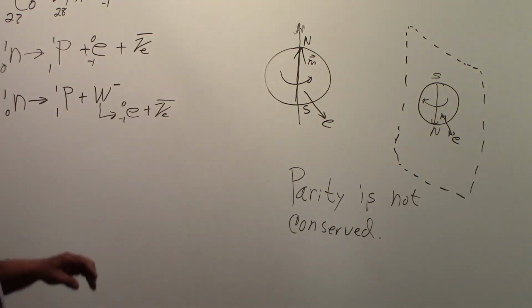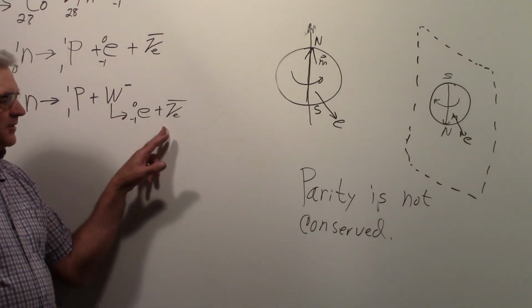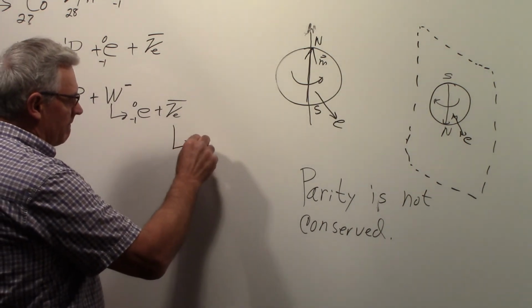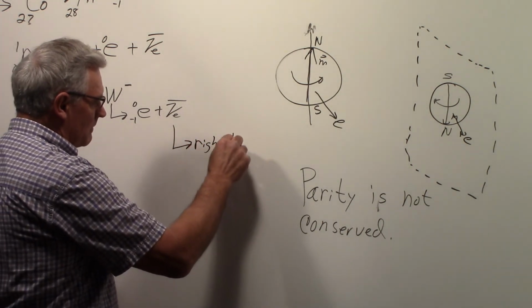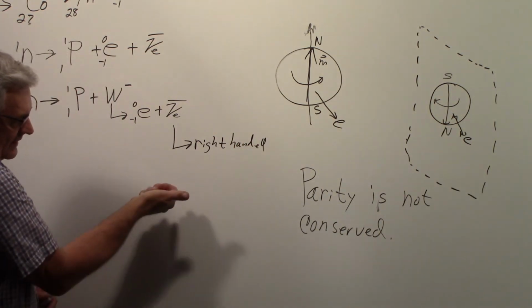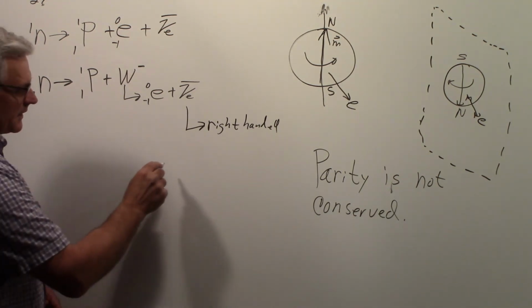Another interesting aspect of this is with the neutrino. The anti-neutrino is right-handed, so the spin and the velocity are in right-hand direction. The neutrino is left-handed.